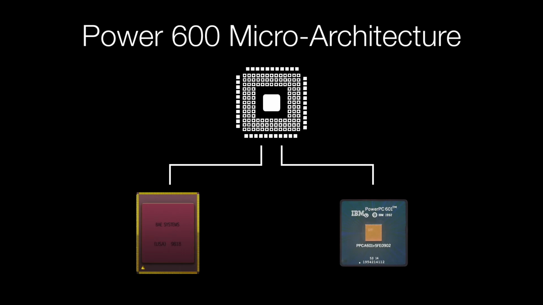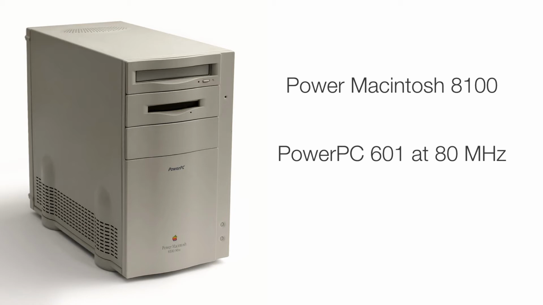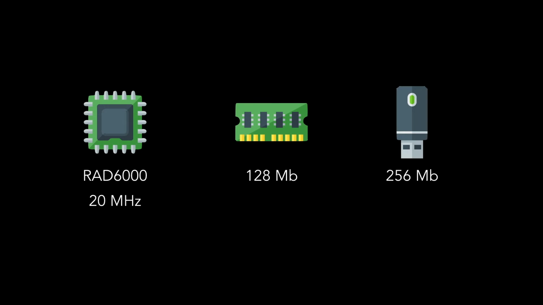And then there was also a much earlier version, the IBM PowerPC 601 from 1992, so from many, many years before. And this CPU was actually quite popularly used by Apple in its first series of Power Macintosh computers, the 8100, that CPU being clocked at 80 megahertz in 1993. So the rover had a RAD 6000, downclocked a little bit to 20 megahertz, 128 megabytes of RAM, and 256 kilobytes of storage.